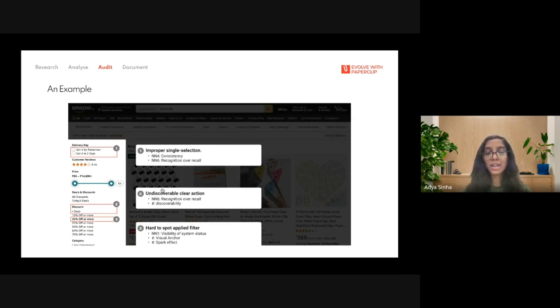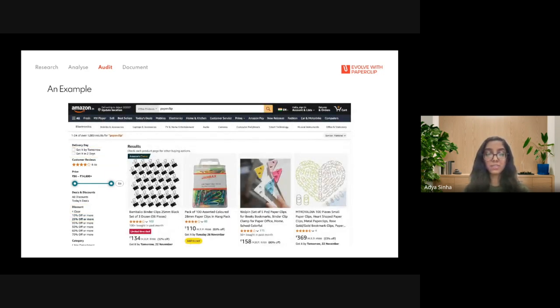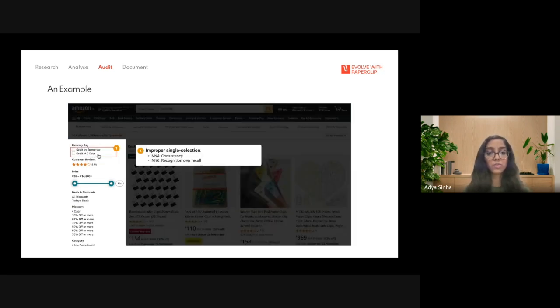Now that we have identified these issues and mapped them with the heuristics, let's also assign severity. For the first one, improper single selection, we'll mark it as severe, because this adds to the user's learning curve.